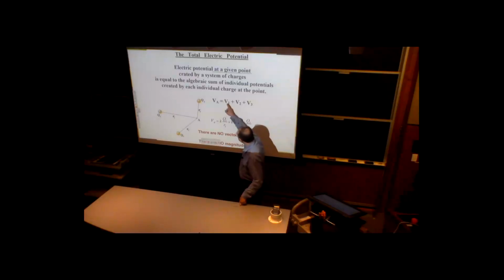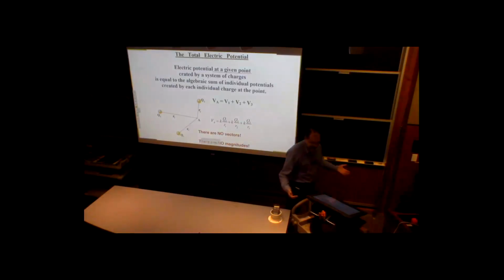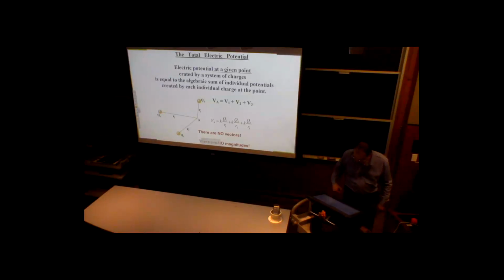We just need to calculate electric potential generated at the same point from each charge and add them up together. We just need to remember that Q1, Q2, Q3 represent an actual value, so it could be positive or negative, not a magnitude. And electric potential is a number, not a vector. It doesn't have a direction. It's just a number. 5 volts, negative 10 volts, 120 volts.